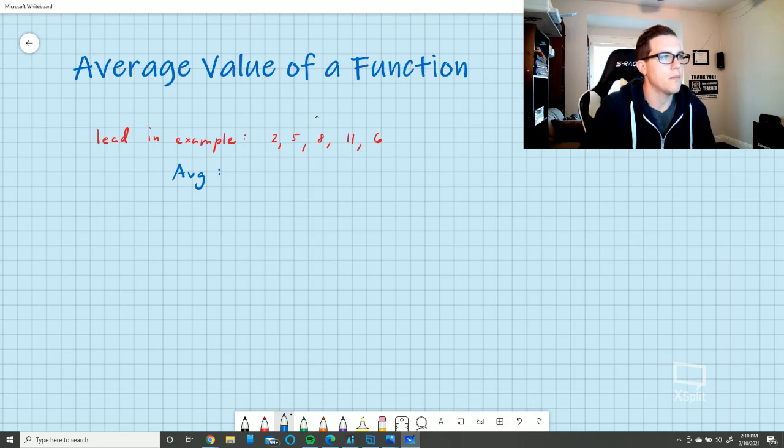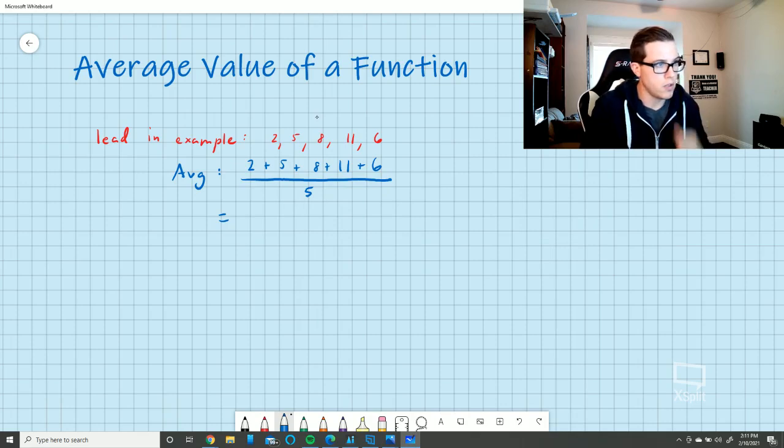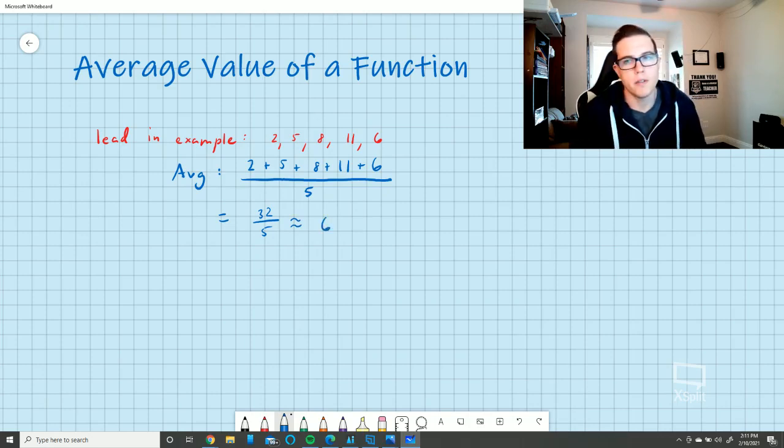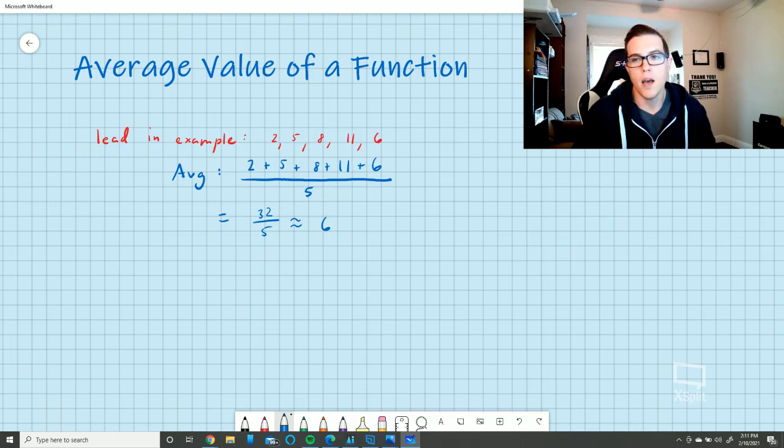You add them all up, so 2 plus 5 plus 8 plus 11 plus 6, and you divide by the number of numbers. So 1, 2, 3, 4, 5. There's 5 of them. So this would be 2 plus 5 is 7, 15, 21, 32. 32 over 5, which is about 6.2.